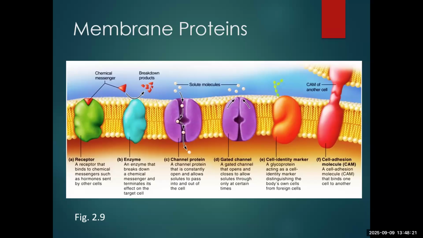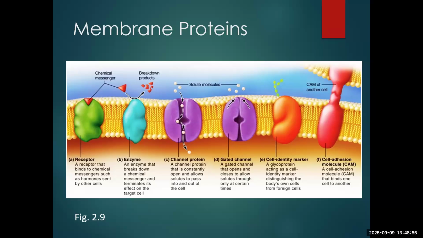So if you encounter something foreign, this will say, you're not part of me, and I'm not going to handle it. So that is a cell identity marker. This is also a signal to other cells, don't attack me, because I'm part of you. So if your white blood cells are running around saying, I'm going to attack anything foreign, you don't want them eating up your own cells. So your cells have proteins with markers that say, me and me. And that is how that works.